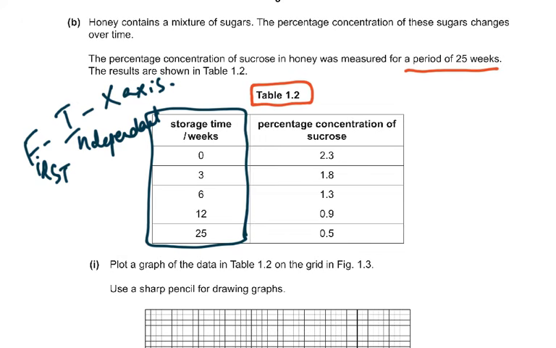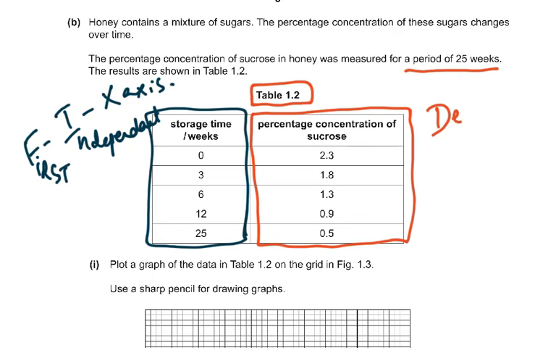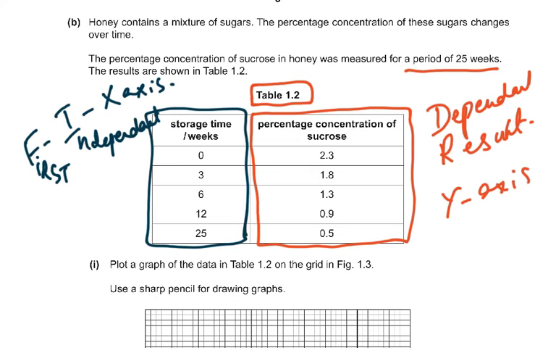And this, the percentage concentration of sucrose, was what you measured, and this is called the dependent variable, and this is the result, and this is always plotted on the y-axis. So you can see the mnemonic for it is dry, and the mnemonic for this is fix.